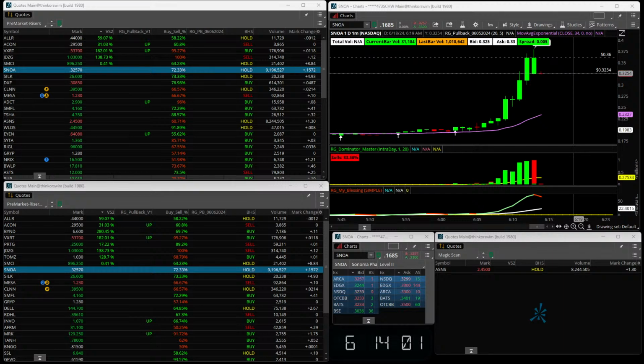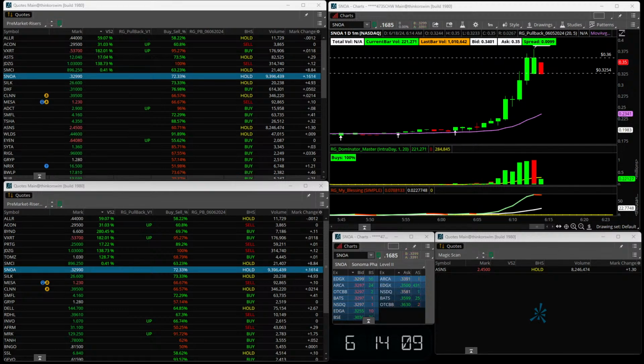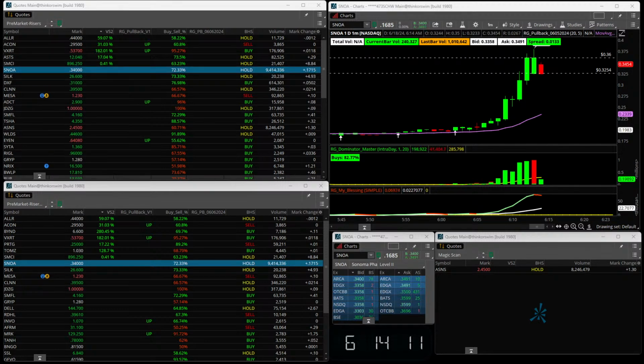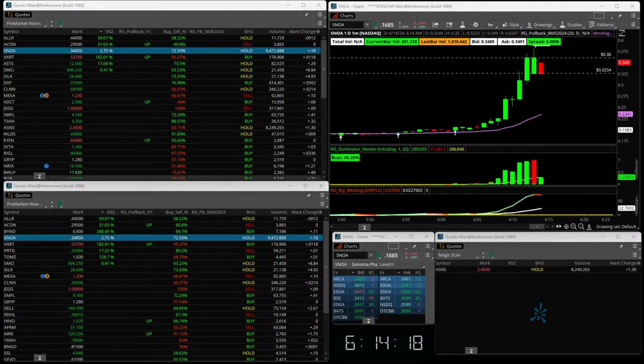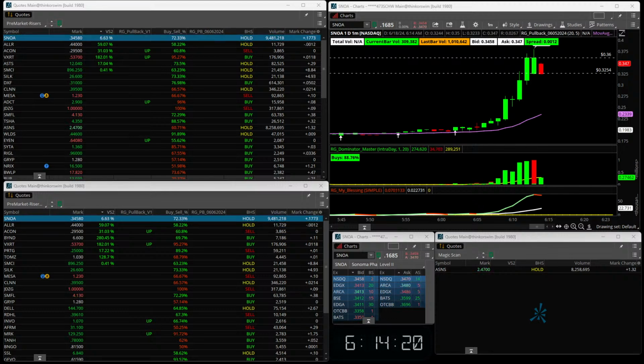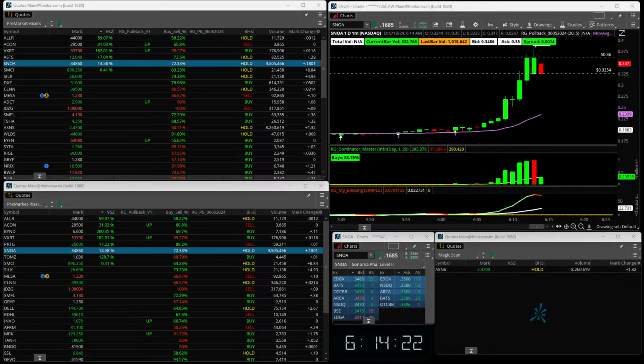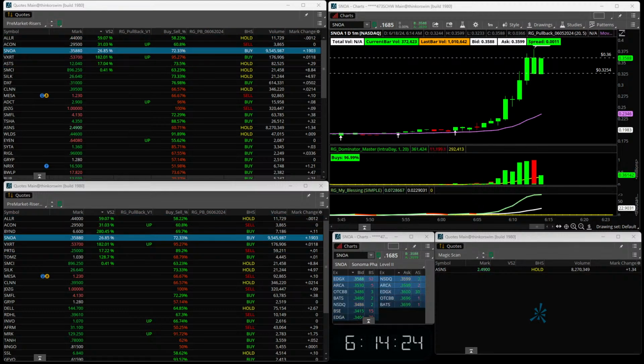There's the close of that candle. I'll mark the support level. Let's see if we bounce from 32 to 36. Needs buyers.